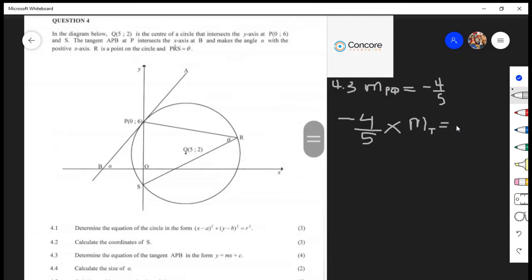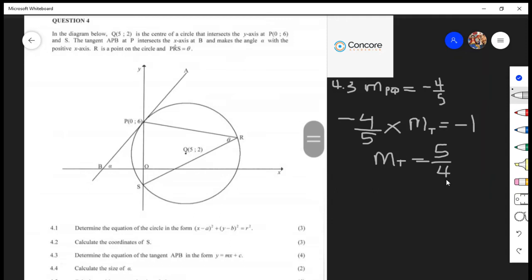And we divide both sides by -4/5. So -1 divided by -4/5 is equal to 5/4. So the gradient of our tangent is then equal to 5/4.